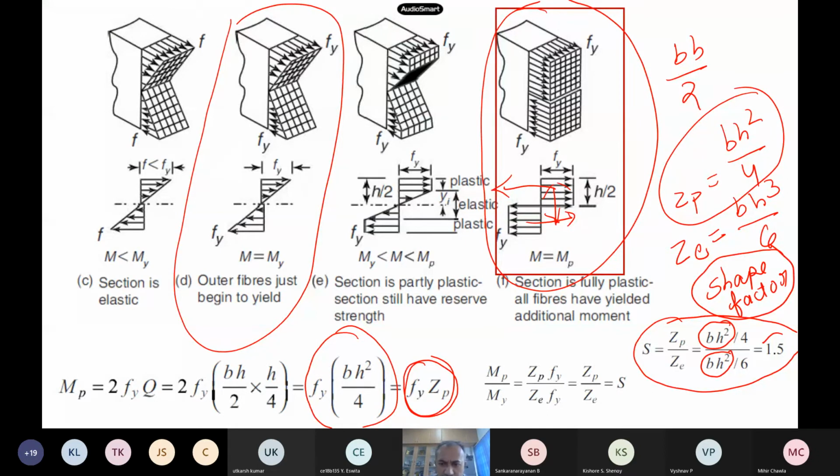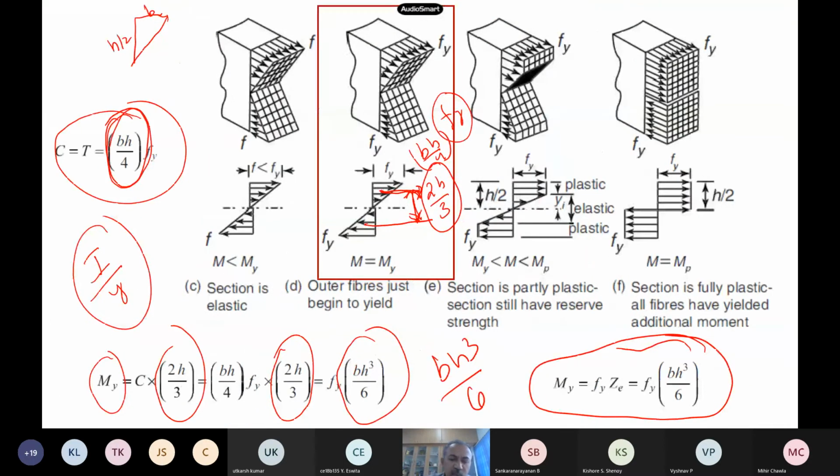See, BH by 2 is the area. Their dimensions are the same only. See, BH square by 6 only. Sorry, here I think there is a mistake.